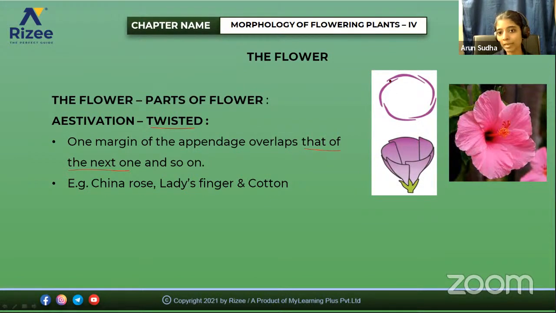Here it is interior, and here exterior, and here interior, exterior, and here again interior, and this is exterior. So there will be alternate exterior and interior. One margin of the appendage overlaps that of the next one, and so on. Examples here are China rose, lady's finger, and cotton. They are examples for the twisted estivation.